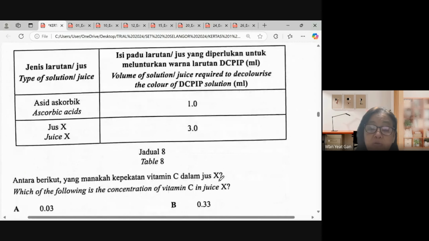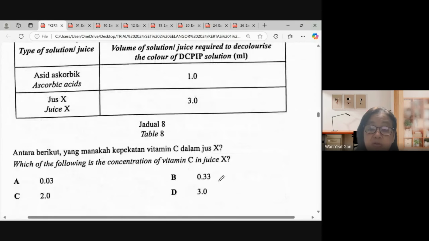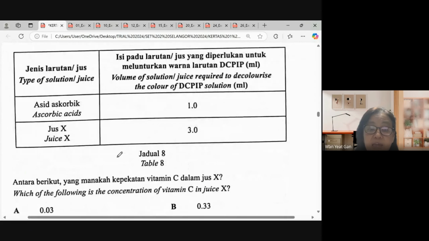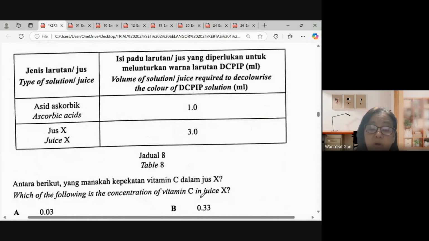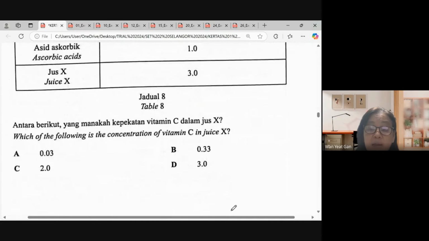In order to calculate the concentration of vitamin C, take the volume of ascorbic acid divided by the volume of juice X, 1 divided by 3, so you will get 0.33.